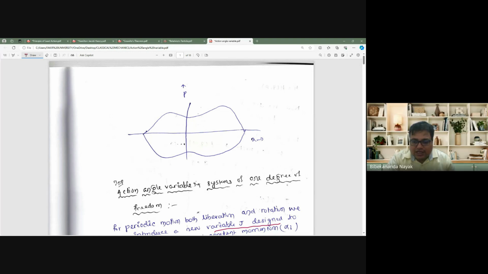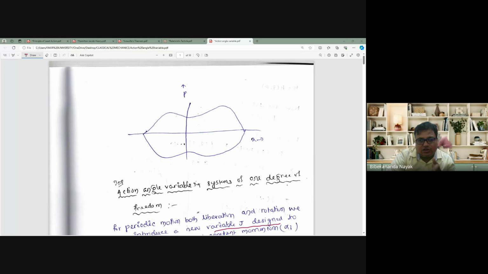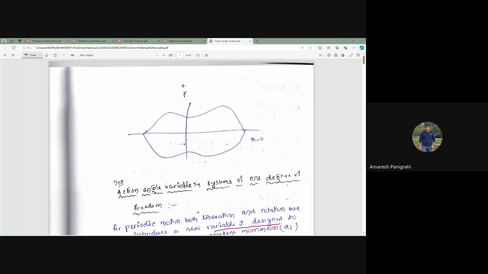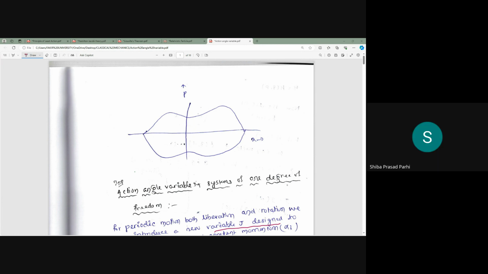So, shall I leave? Sir, how can I get the study materials, sir? I will send all this material in your group. We want to create a WhatsApp group for all physics students, sir, and will you interact there, sir? That will be better, I think. You have already created two or three groups. Amresh, please send your number, then people will connect and add you to the group.